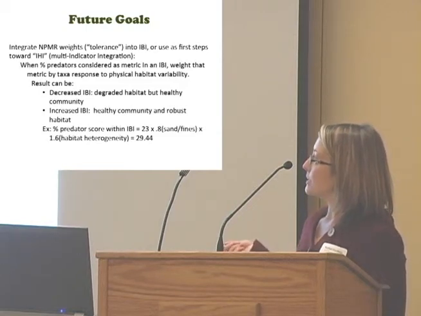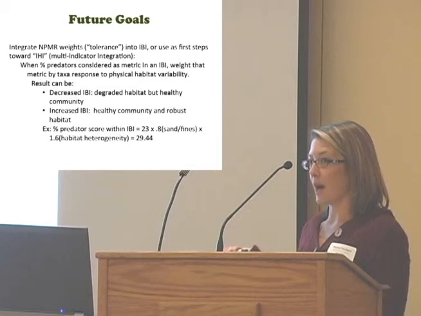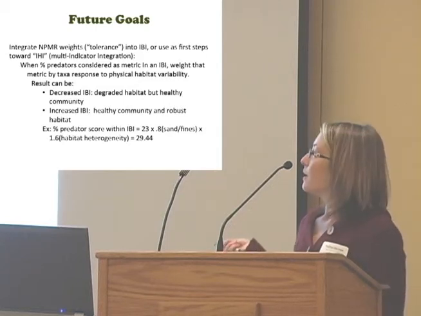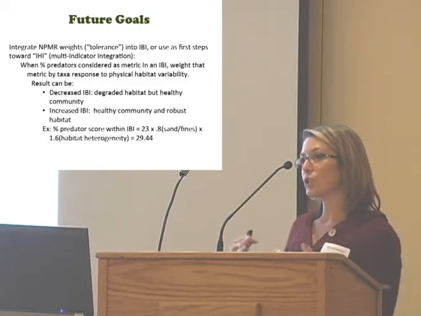If you see a decreased IBI, you can say that you have a healthy community as determined by your IBI, but degraded habitat. If you have an increased IBI, you have a healthy community and robust habitat. So this is allowing you to integrate all those different metrics and come up with a more interactive interpretation.